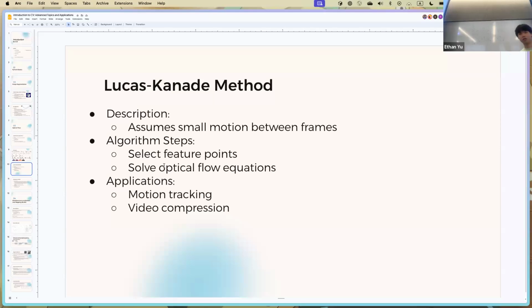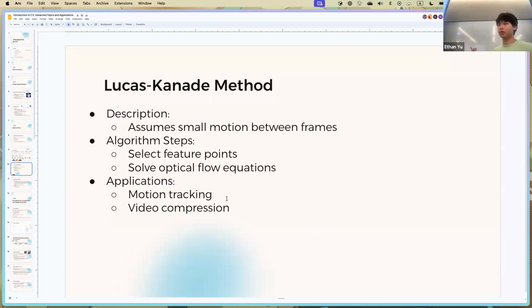Or you can use SIFT, right? Select feature points, and then we just apply the equation from the last slide and approximate v of x, v of y. And if you're worried about noisy data, you just apply RANSAC, which I also talked about last time. So this is how all this works. They call this the Lucas-Kanade method because this guy put it together, I guess.